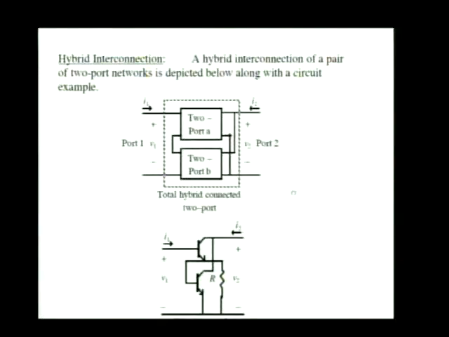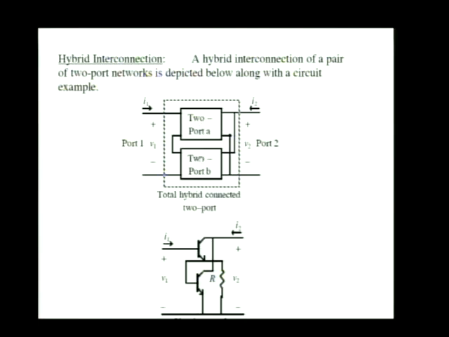Okay, hybrid parameters, the H parameters. When you are dealing with a pair of two ports in a hybrid interconnection, then the hybrid parameters are the ones to use. Then the hybrid parameters of the total overall interconnected pair of two ports are nothing more than the sum of the hybrid parameters of the individual two ports.